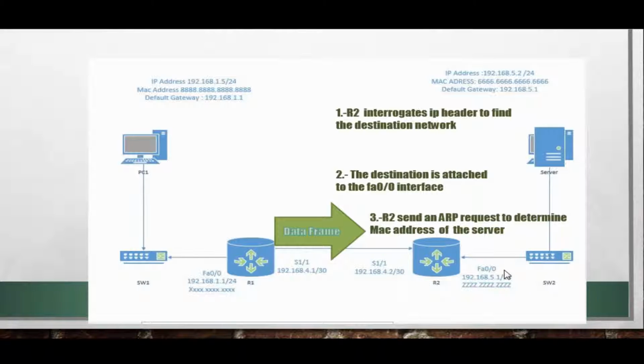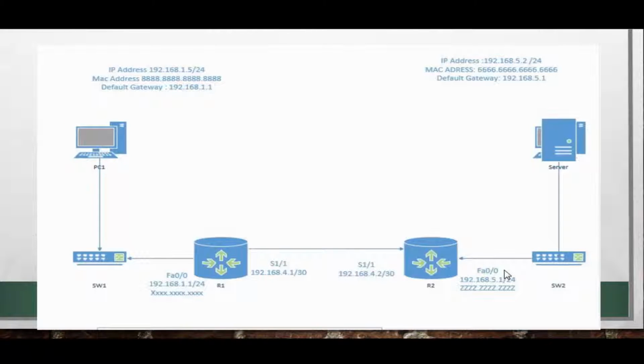So, after that, R2 sends an ARP request to determine the MAC address of the server, guys. The one that you see over here. So basically, you can see that router 2 sends an ARP request to determine the MAC address of the server, and we get the communication going.